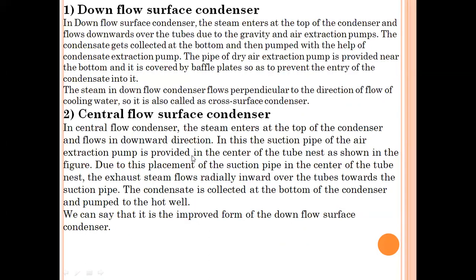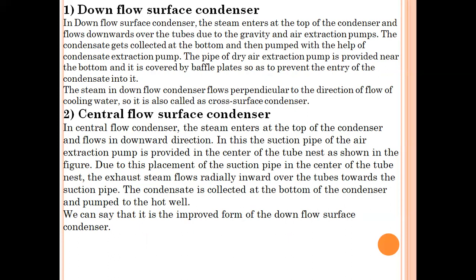Next, the central flow surface condenser. In a central flow condenser, the steam enters at the top of the condenser and flows in a downward direction. In this, the suction pipe of the air extraction pump is provided in the center of the tube.